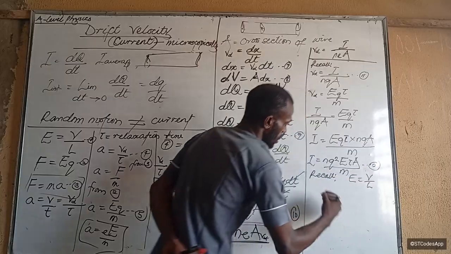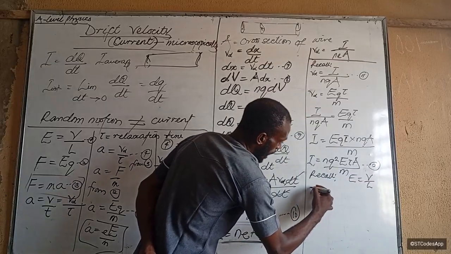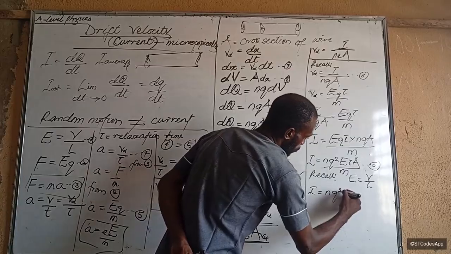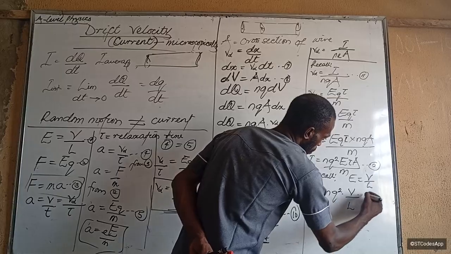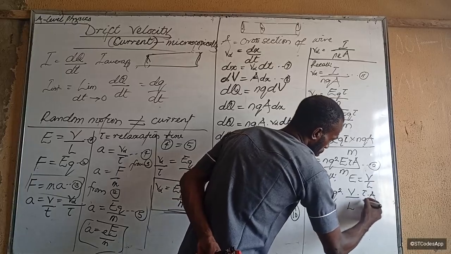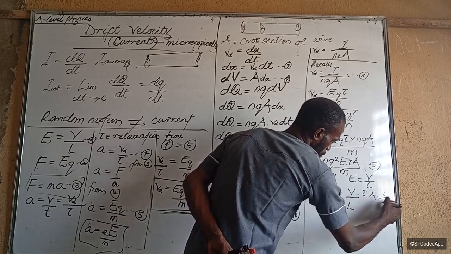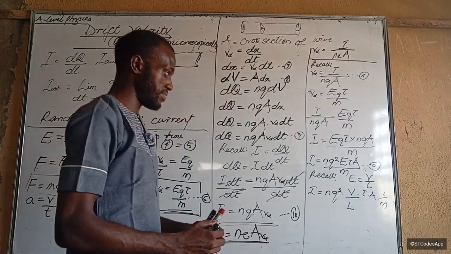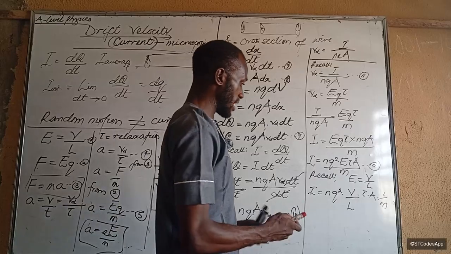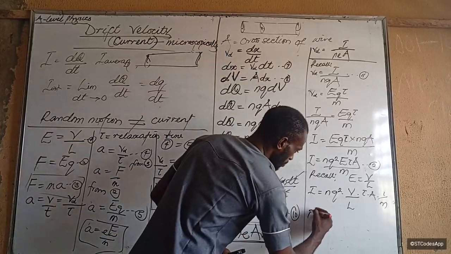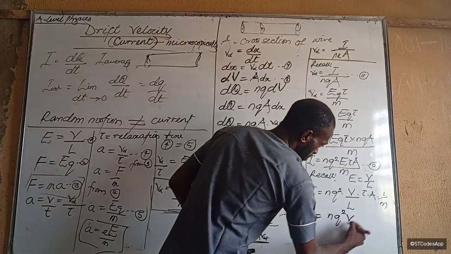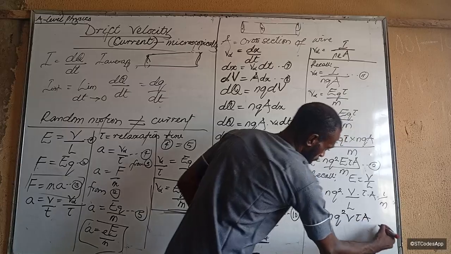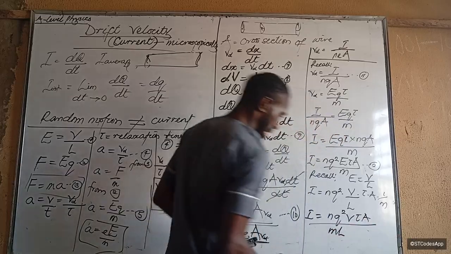Let this be equation 12, that I is equal to nq squared dot V over L dot tau dot A dot 1 over n. I hope you understand what I did there. So our current therefore is equal to nq squared V tau A over mL.